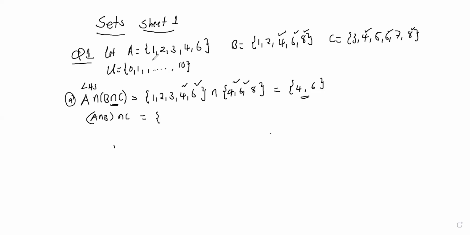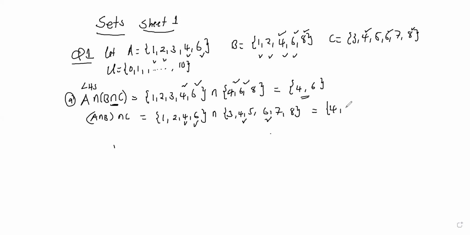As you can see, we have 1, 2, 4, 6. Intersection C, which is 3, 4, 5, 6, 7, 8. So let's see what's common. We have 4 here, we have 4 there, 6, 6.